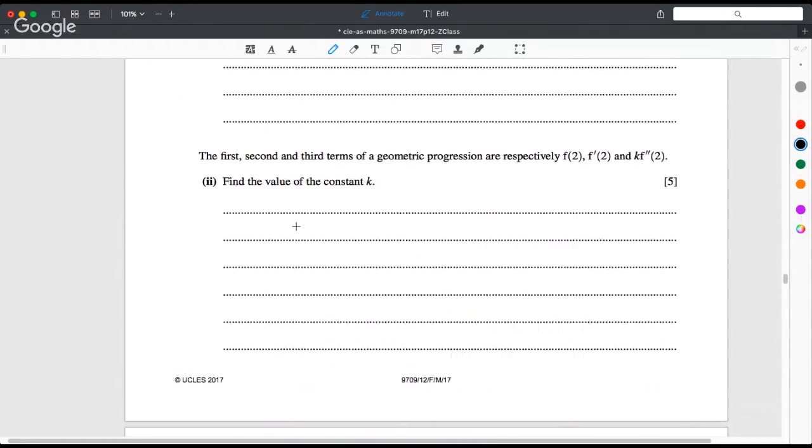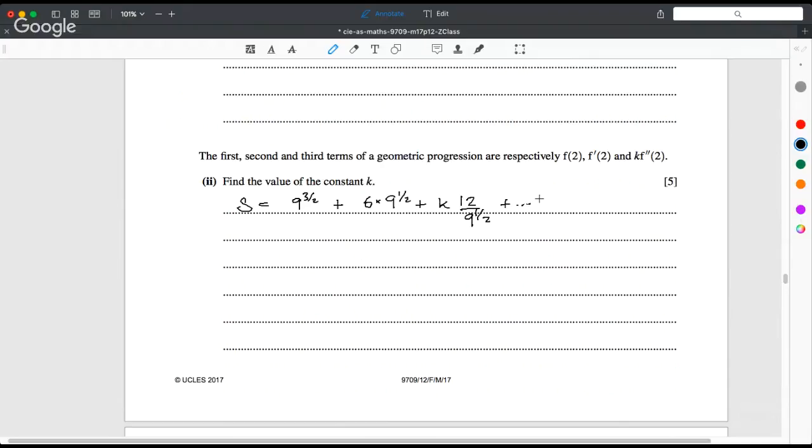Okay, so now we're told we have some progression S, and it looks like this: f of 2, so that's going to be 9 to the 3/2, plus f prime evaluated at 2, which is 6 times 9 to the 1/2, plus k times f double prime evaluated at 2, which is going to be 12 over 9 to the 1/2, plus and so on.